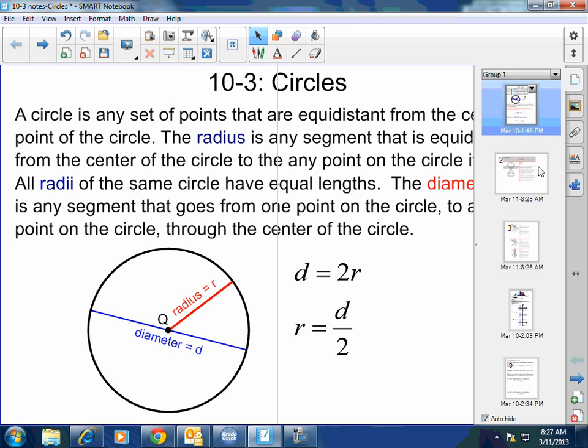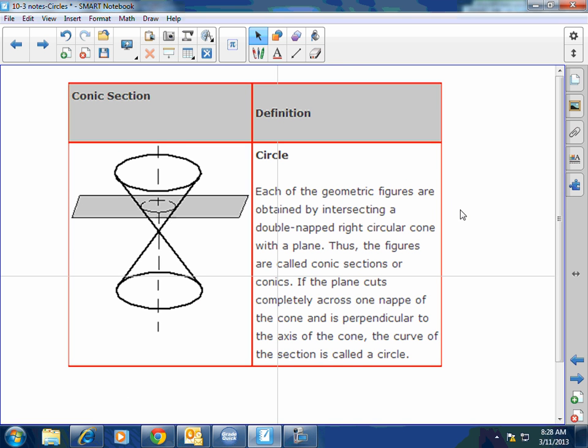Let's look at a couple examples of these. For example, here for the circle. If you look at the cone here, if you were to put a flat plane, which is this guy right here, through the cone, you're going to get a circle. So that's where this circle comes from.